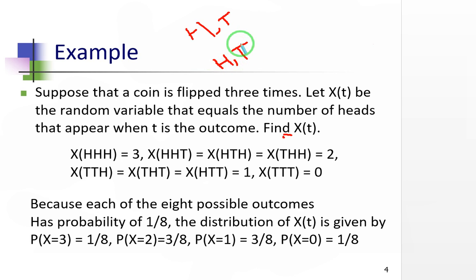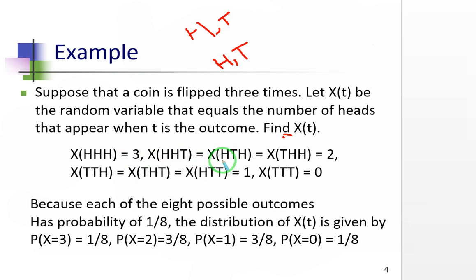So now you are flipping your coin 3 times. It can be head, then head, then head. So it's a possibility. In 3 times when you are flipping your coin, it's possible that you have a head all 3 times. It can also be a possibility that we have a head 2 times and tail 1 time.